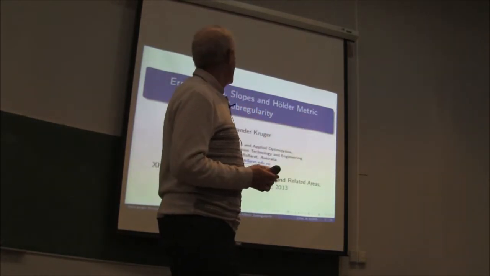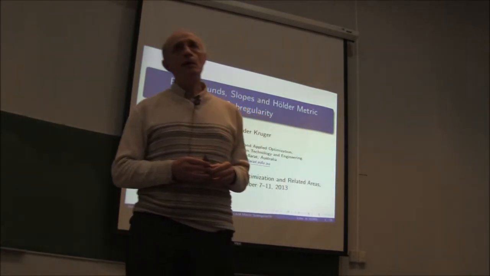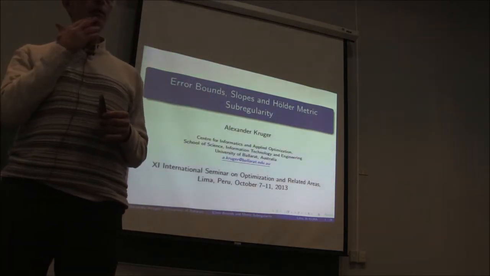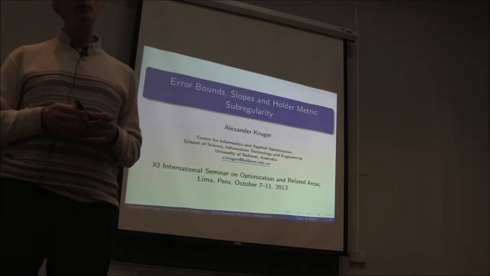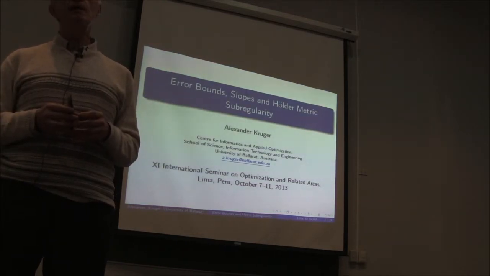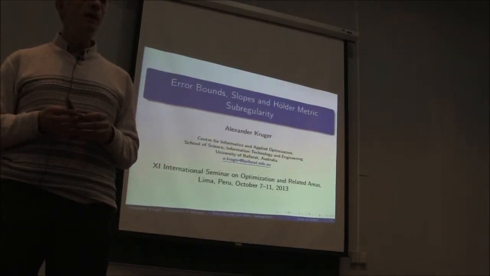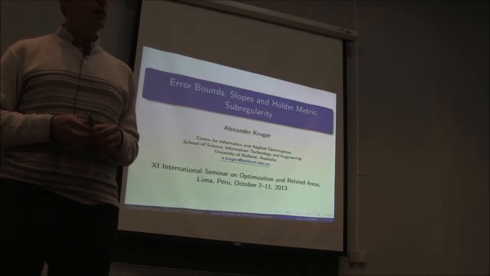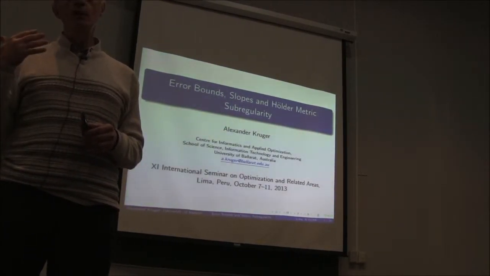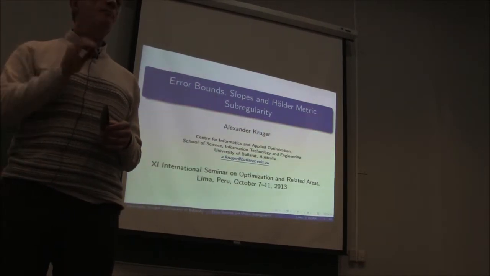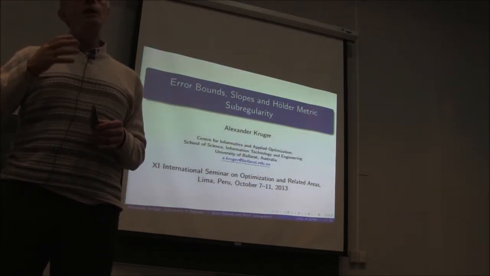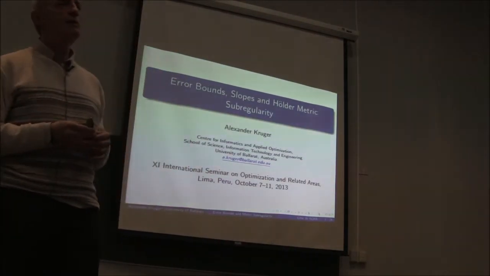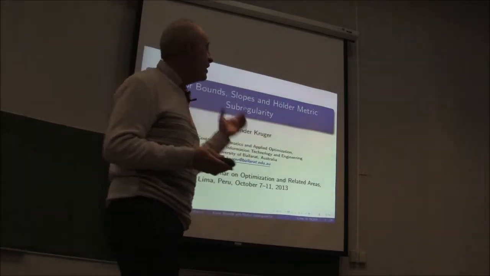The tools which I'm going to use here, slopes. Primal space slopes are very well known, and they have been used for characterizing error bounds, metric subregularity and metric regularity for many years. Today I want to introduce dual space slopes and recommend them for use in applications and other things.